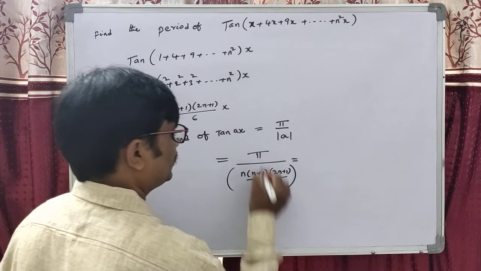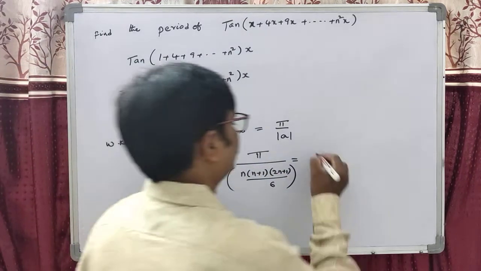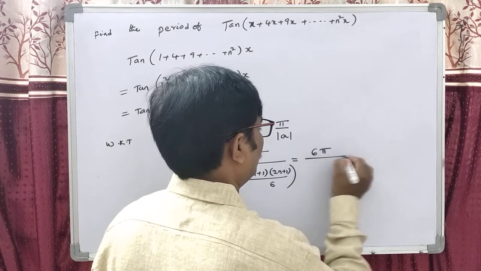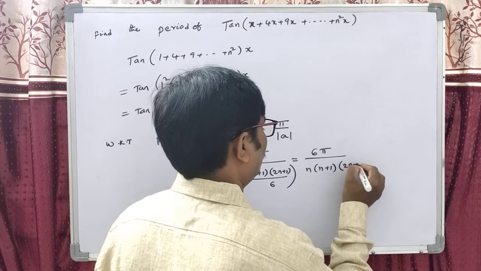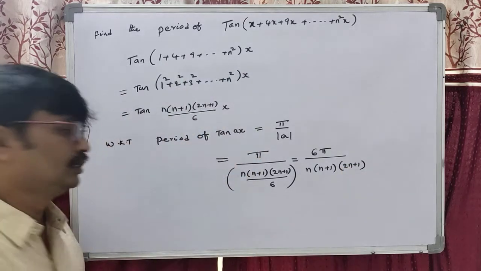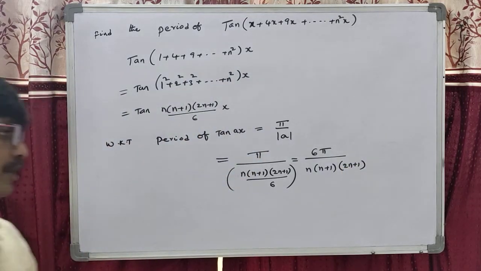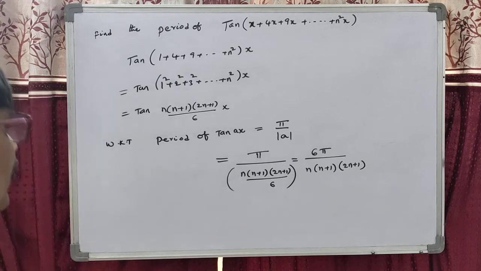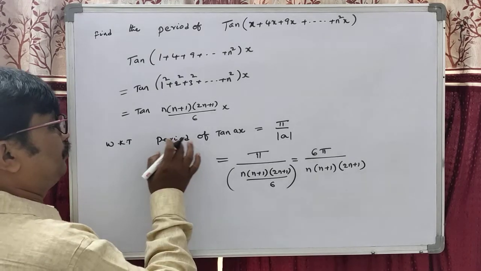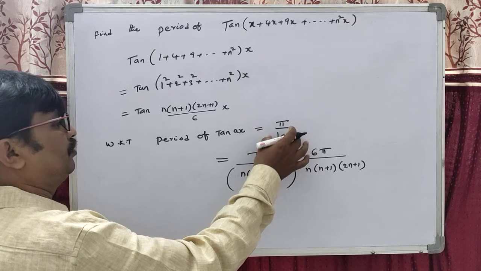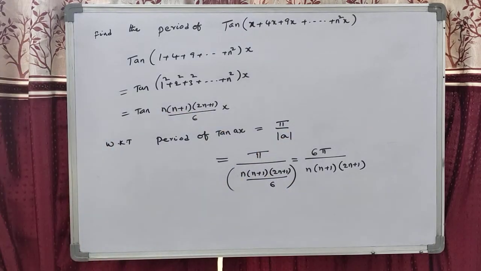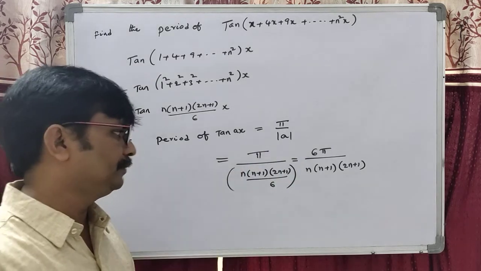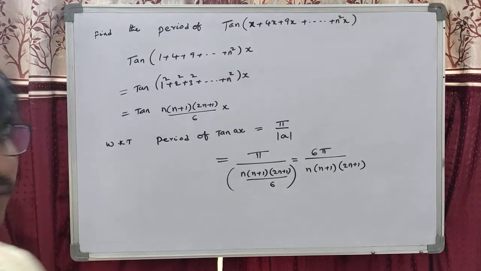So the period is pi divided by n into n plus 1 into 2n plus 1 by 6, that is 6 pi by n into n plus 1 into 2n plus 1. Okay students.